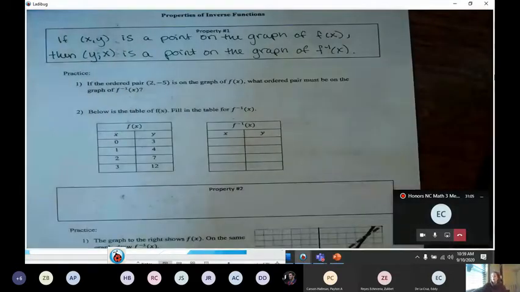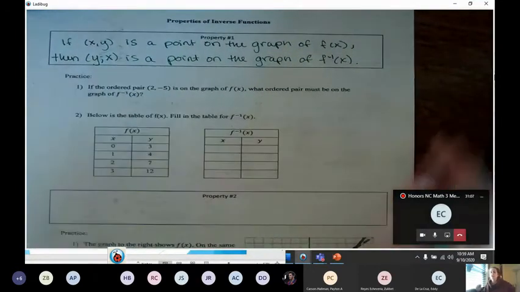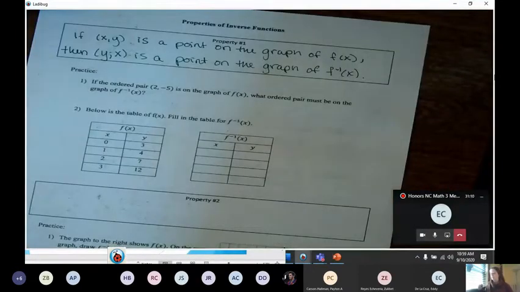Okay, so points on f of x are just flipped to get points on f inverse of x.